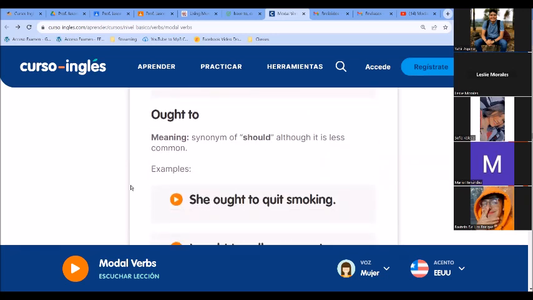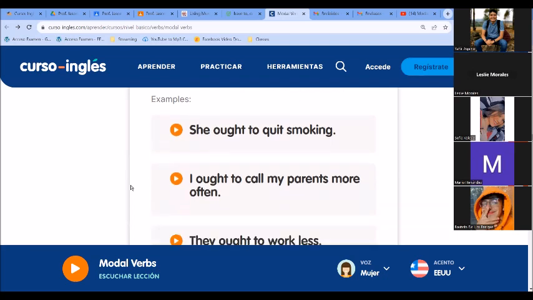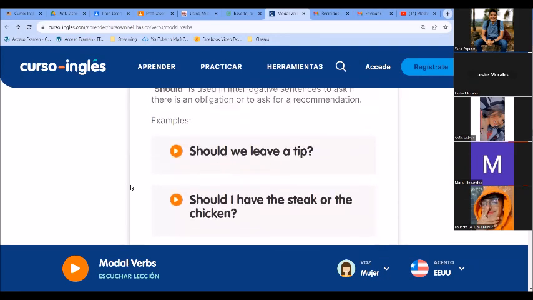Ought to, meaning synonyms of should, although it is less common. Examples: she ought to quit smoking. I ought to call my parents more often. They ought to work less. Good. Just the same as should.